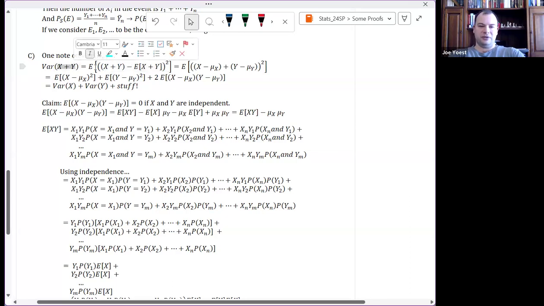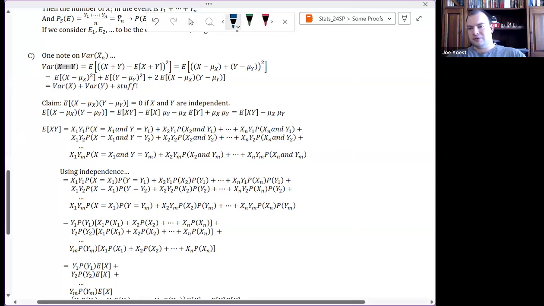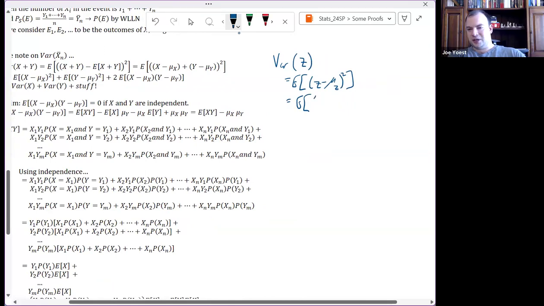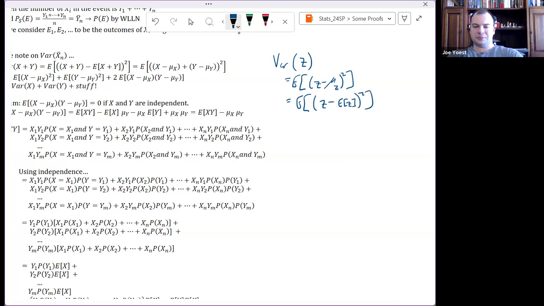The variance of a random variable is the expected value. So the variance of, let's say, z is the expected value of z minus mu z, squared. Or this is the expected value of z minus the expected value of z, all squared.